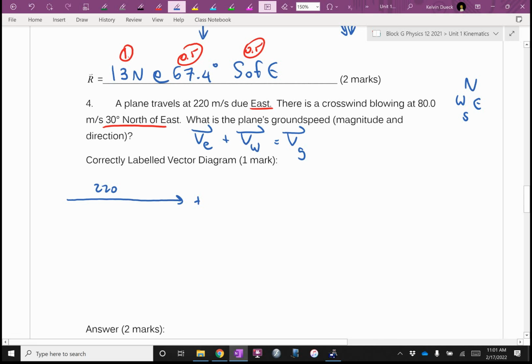North of what? I'm going to draw east first. I'm going to go 30 degrees north of that. So that 80 is at an angle. I'm going to break this 80 up into its components.